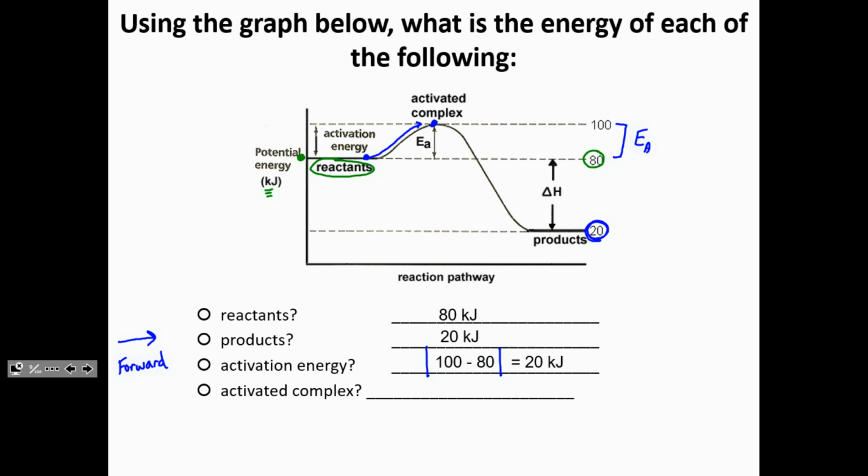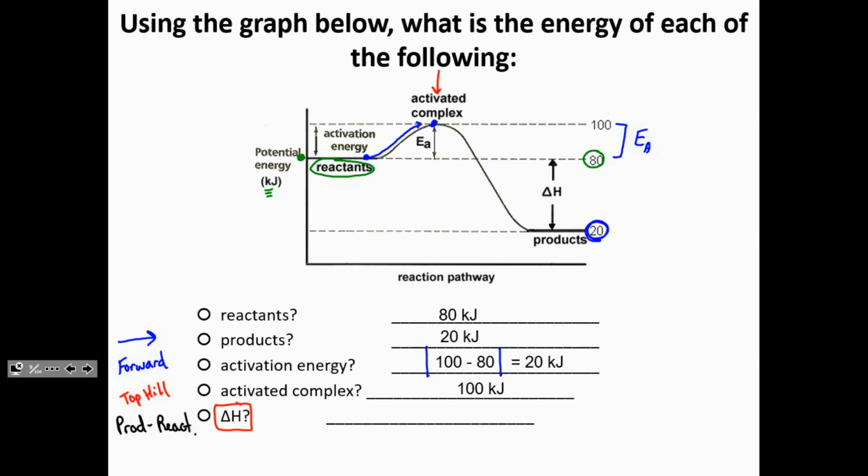The activated complex is the top of the hill. So if we look at the top of the hill, that's 100 kilojoules. And then what we're going to learn towards the end, we've actually looked at enthalpy before. This is delta H, the change in enthalpy. We have an equation to do this. We're going to learn it later, but it is products minus reactants.